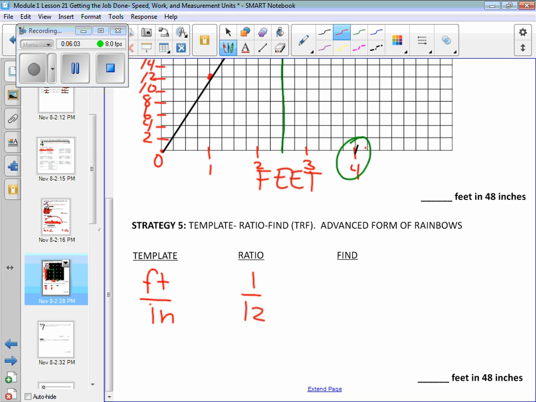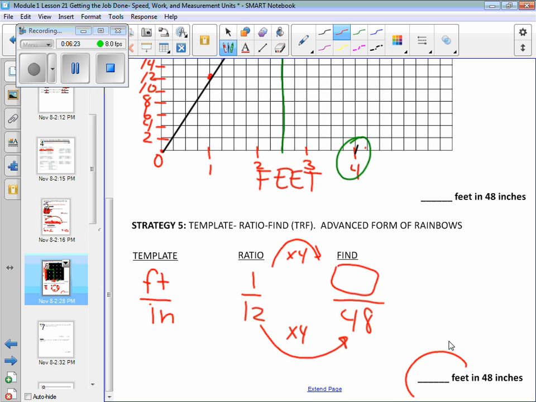You're trying to find how many feet, so that's our blank for 48 inches. And then look at your rainbow factor. 12 times what makes 48? Just say it. All right. Whatever you do to the bottom, do to the top. And you get 4.